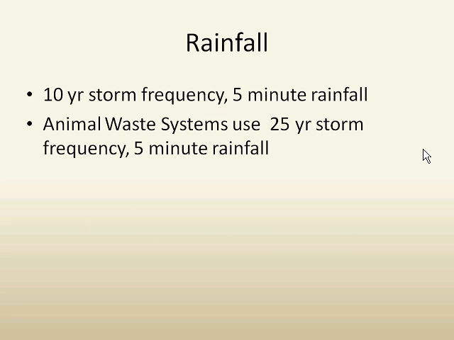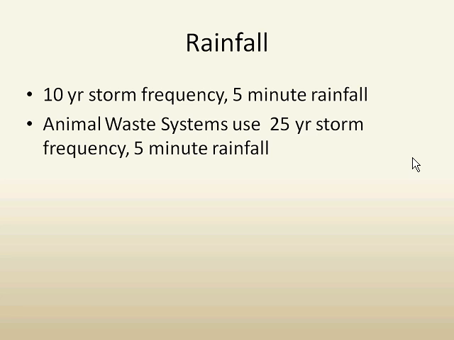Rainfall is another important parameter for sizing systems. When we think about rainfall, it's two different storms that we're designing for. The 10-year frequency 5-minute rainfall is the design that we would use for non-animal waste systems. For animal waste systems, we use the 25-year storm frequency, the 5-minute rainfall.